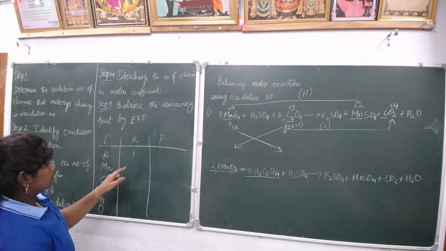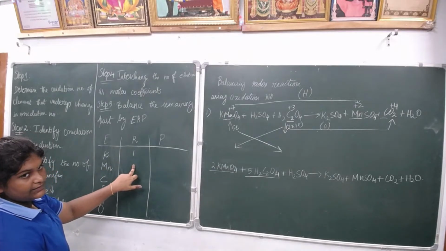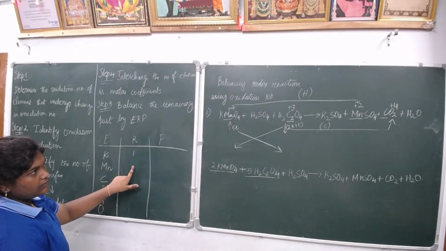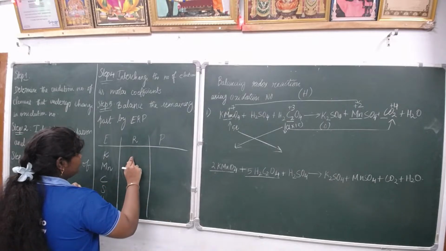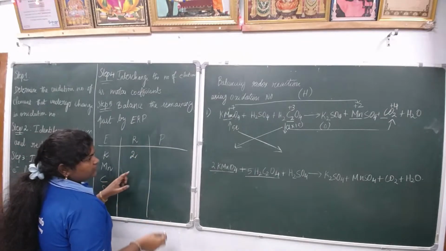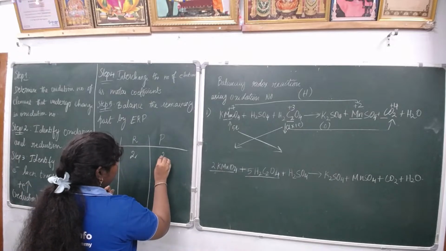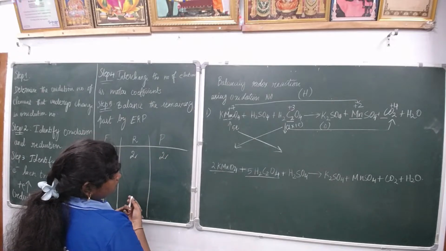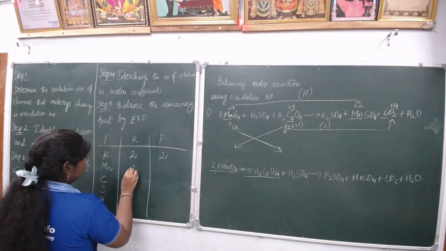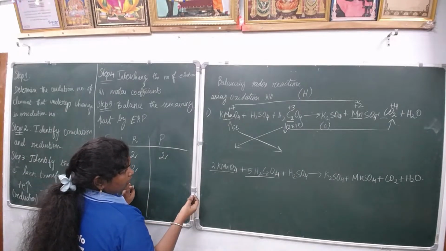Now, what you are supposed to do? How many potassium atoms are there on the reactant side? You have 2, because 2 came in 2 KMnO4. And on the product side, 2. Then manganese, how many? 2. And on the product side, 1.